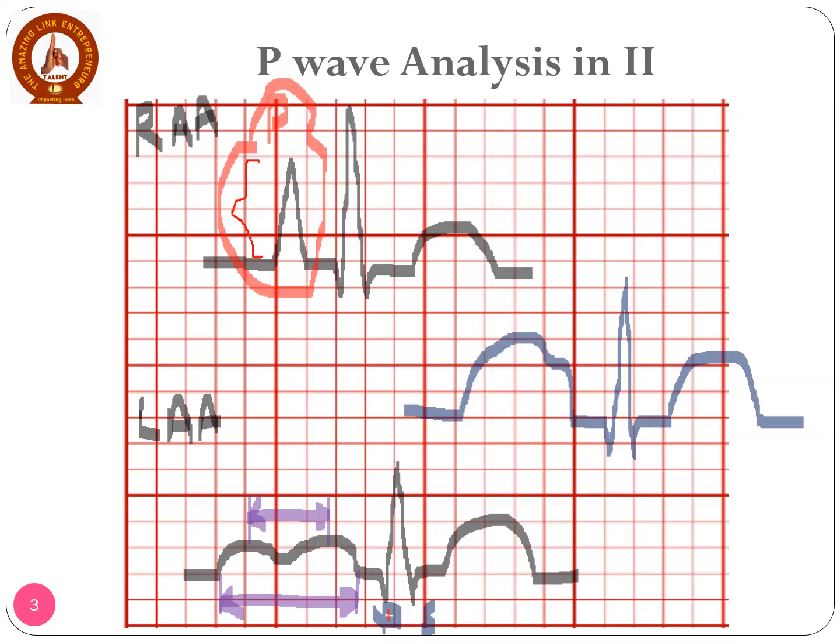So when there's biatrial abnormality, the P wave will be broad and tall: duration greater than 0.12 seconds, amplitude greater than 2.5 millimeter. So this is biatrial abnormality.